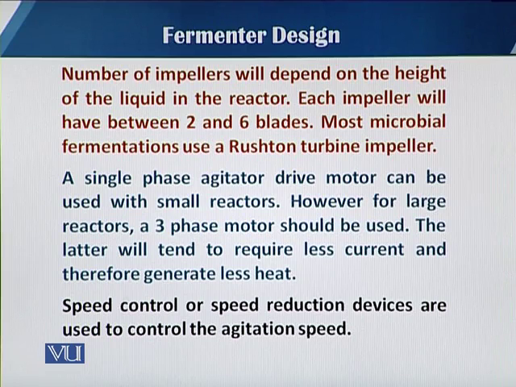Apart from the number of impellers and how many blades are in the impellers, there are different types of impellers depending upon their shape and their construction. One impeller that is mostly used in common fermentation is the Rushton type impeller, or Rushton turbine impeller. I will talk in detail about what a Rushton turbine impeller is.